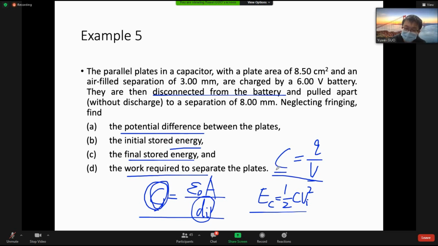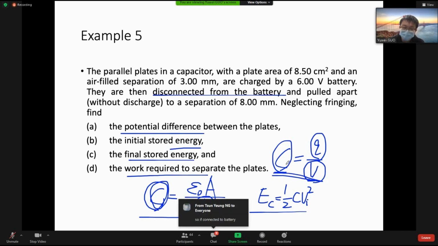And after the capacitor changed, the Q is the same, because the charge has no way to run out. And the capacitor has changed and the charge is the same, so the voltage needs to change. You can use this expression to calculate the capacitor, but this is not the definition of the capacitor.